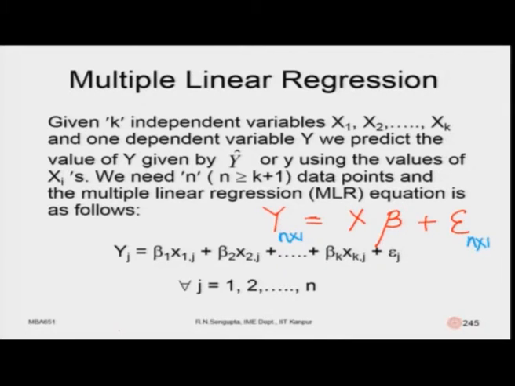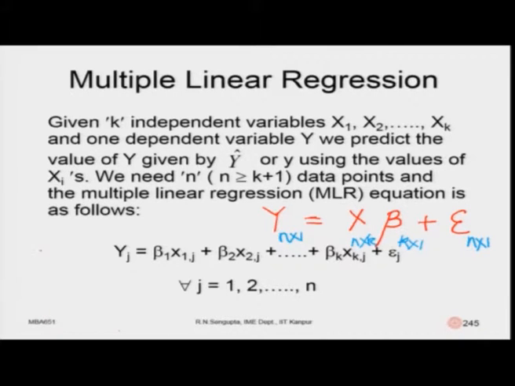If y is size n cross 1, epsilon is n cross 1, so the multiplication of x into beta should also be n cross 1. If there are k number of x's, beta would be size k cross 1 and x would be size n cross k, such that when you multiply n cross k into k cross 1, you get n cross 1. So, let us see how the values would look.